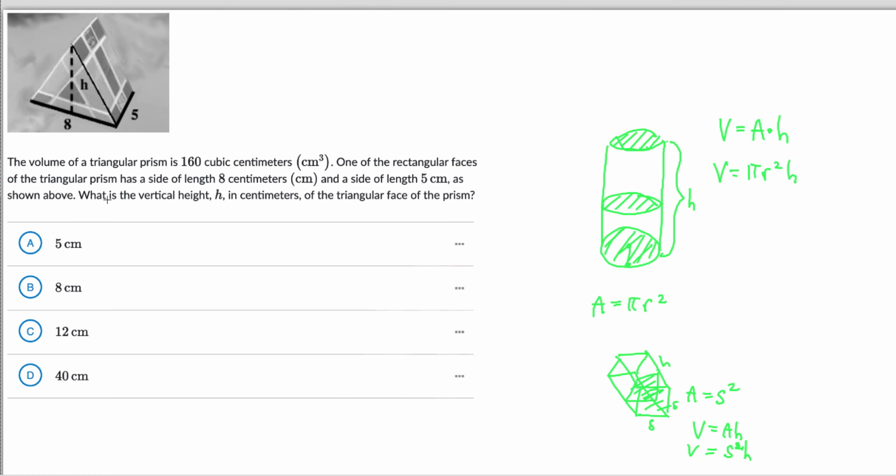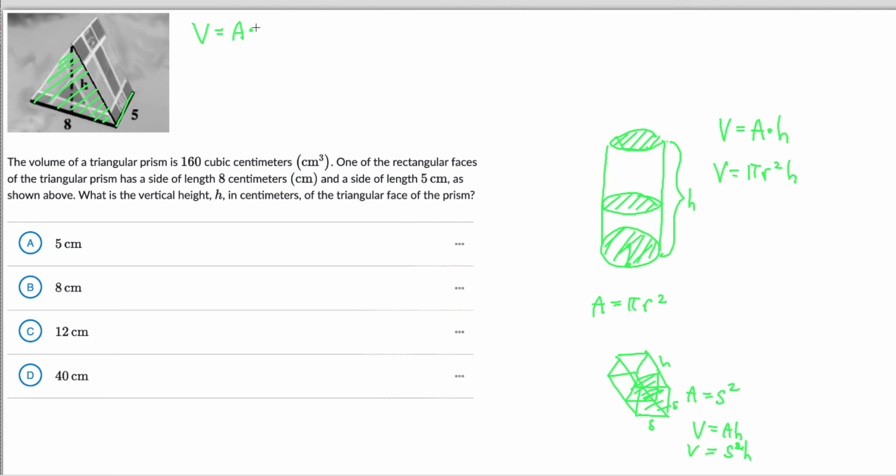Now, in this case, if you look at this face right here, it's in the shape of a triangle, and you multiply along the 5 to get the volume of the prism. So let's write that down first. The volume of this prism is the area of the triangle times whatever you want to call this dimension.